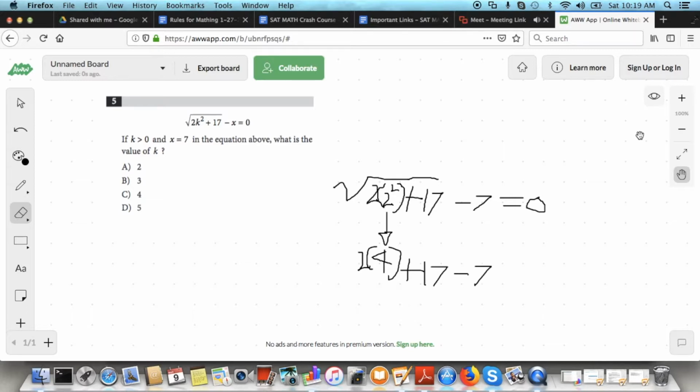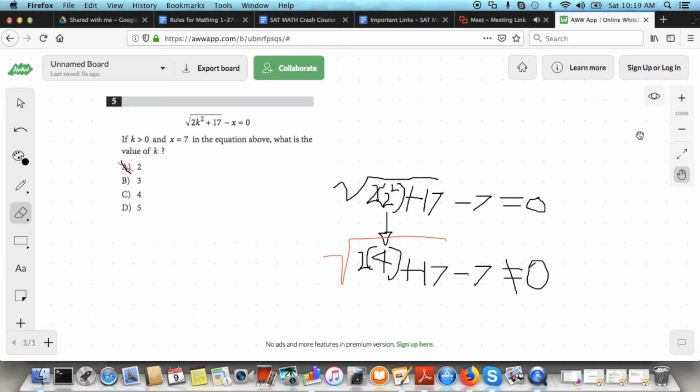Minus 7 does not equal 0. And remember that 25 is in the square root sign, right? So don't forget the square root of 25. What's the square root of 25? 5. 5, right? Minus 7, it's not 0. So we don't have to worry about answer choice A.